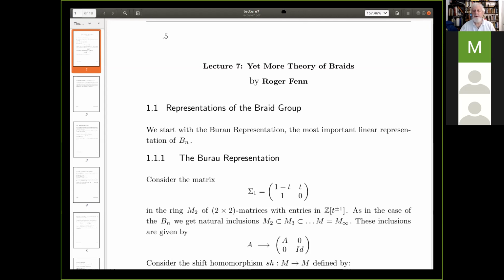I think people are trying to get in, so I better let them all in. I'll stop sharing. I must work out how to do that. 17 people are waiting. Admit all. Okay, they've all been in.